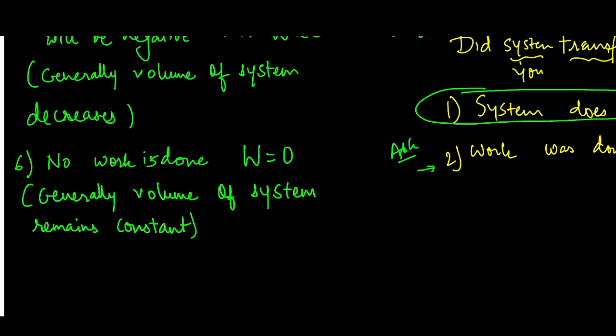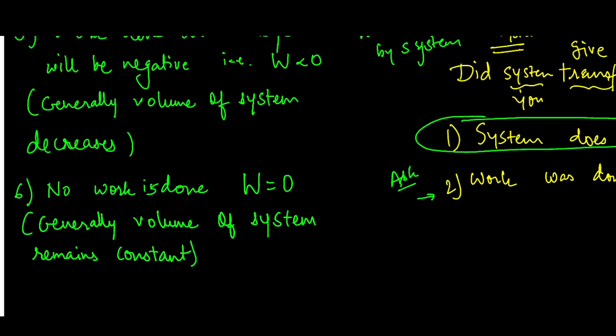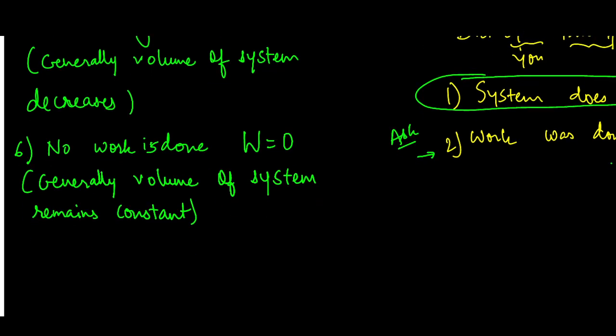So generally volume of system remains constant when no work is done. So these are the 6 sentences that I want you to know. Okay, right? Fine. Let's go to the next thing.